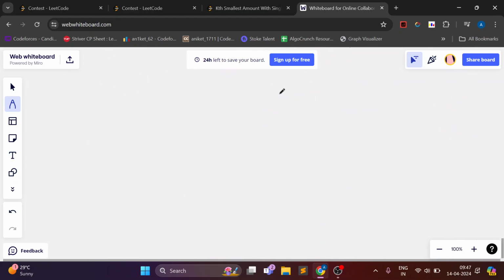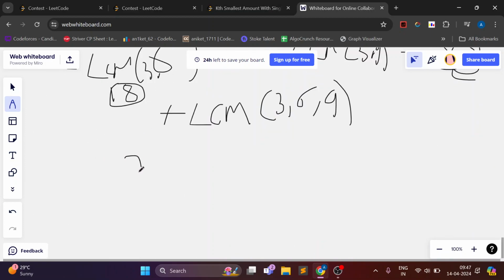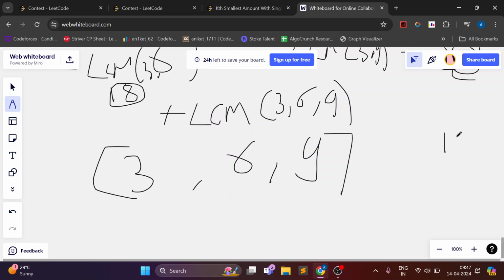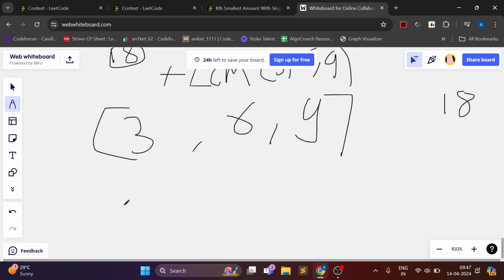For better understanding, let's take one more example. So I have 3, 6, 9, and let's say here we have to check for 18. First of all, I will add this step as 1, where I'm just considering one of the coins. This is the first step.